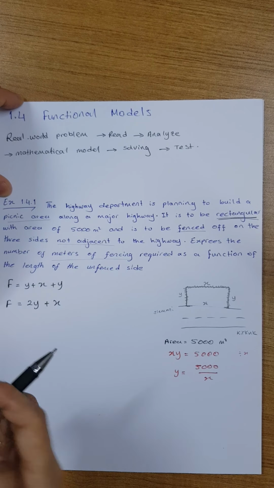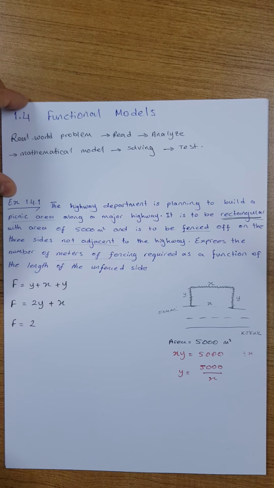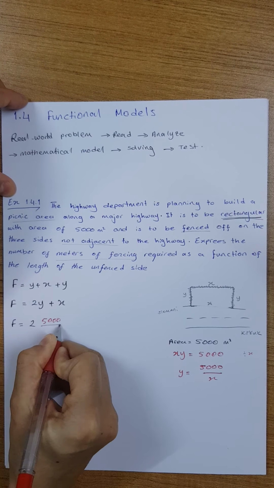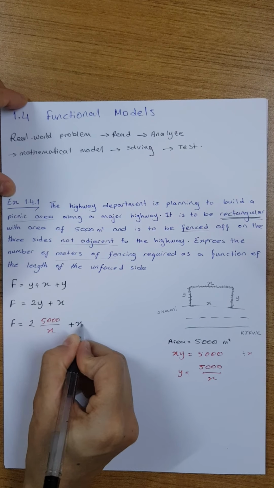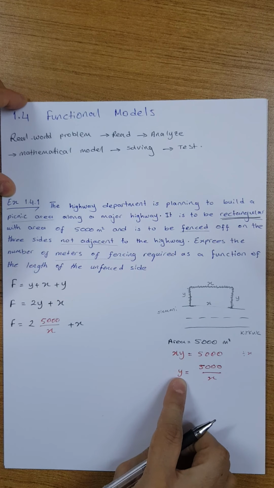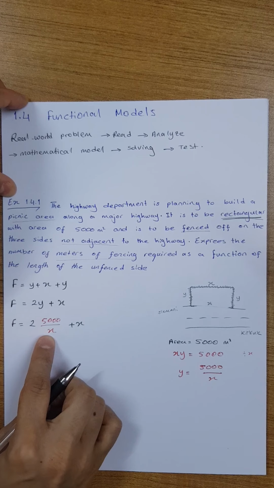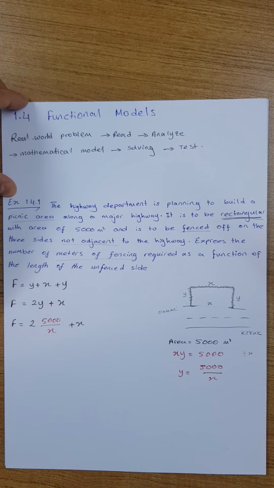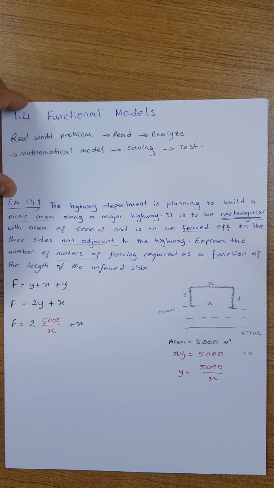Now I can change this fencing. Fencing is equal to 2 multiplied by 5,000 over x plus x. Look, I changed the y with that given information. I changed y to something in x. Why? Because I am required to find the function in terms of the length of the unfenced side. So there shall be only the x variable in the fencing function.